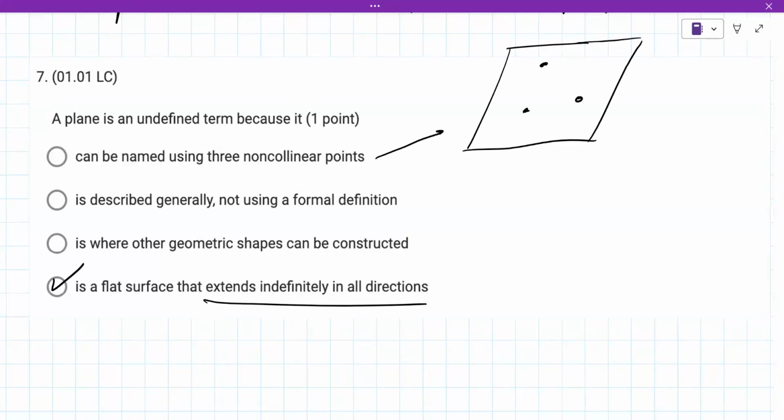Let me put the next one in the chat, number 8. Right, number 8 is in the chat.